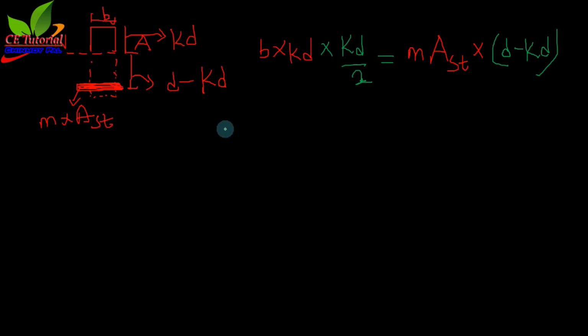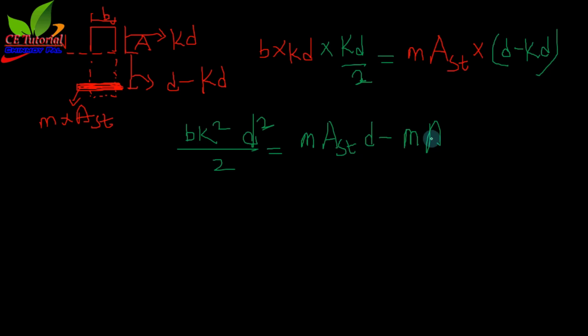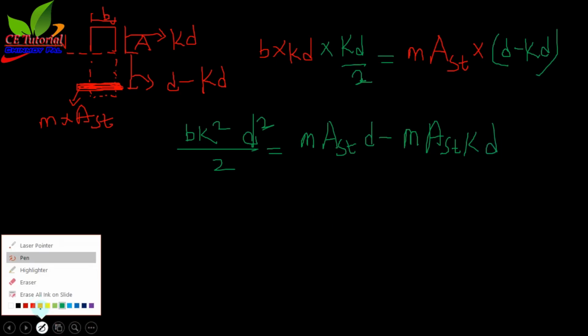Now, B K square D square by 2 equals M AST into D minus M AST into KD.